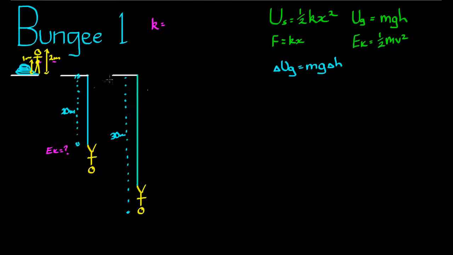Let's fill in the fact that the center of mass here, that distance there, is 1 meter, and the center of mass down here is 1 meter below the end of the cord. So we see the total length that the center of mass has fallen is 1 meter plus 20 meters plus another 1 meter.